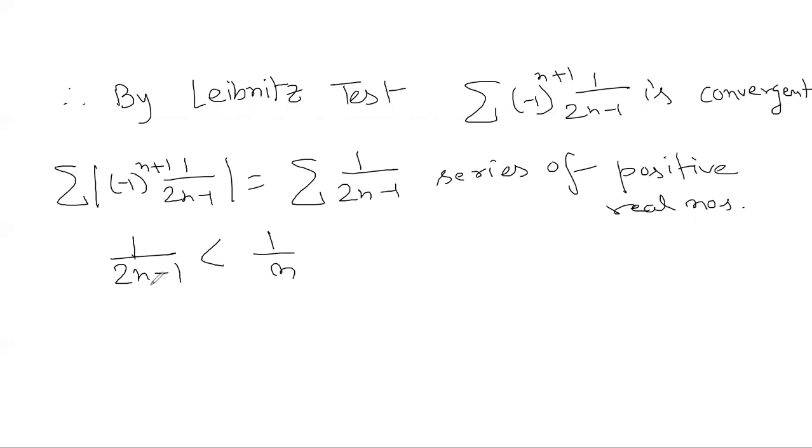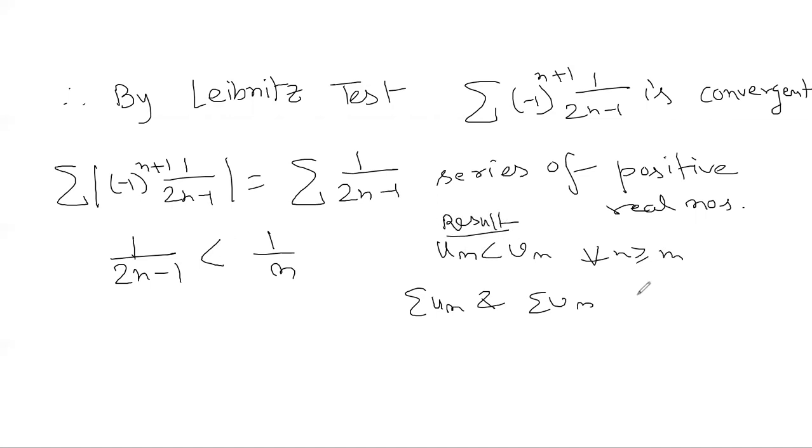The result of the comparison test is that if un is less than vn for n greater than or equal to m, then summation un and summation vn converge or diverge together.